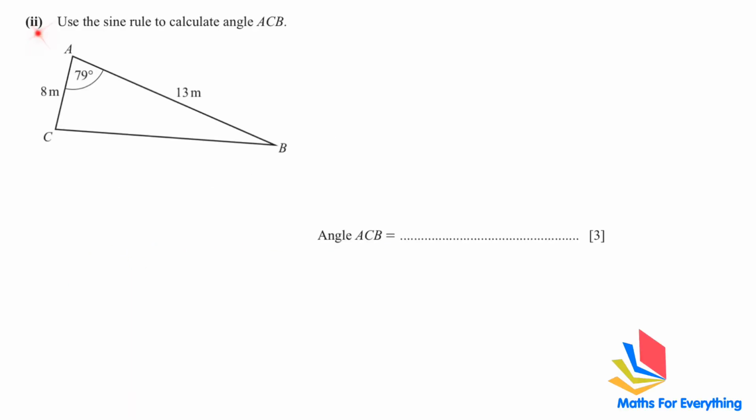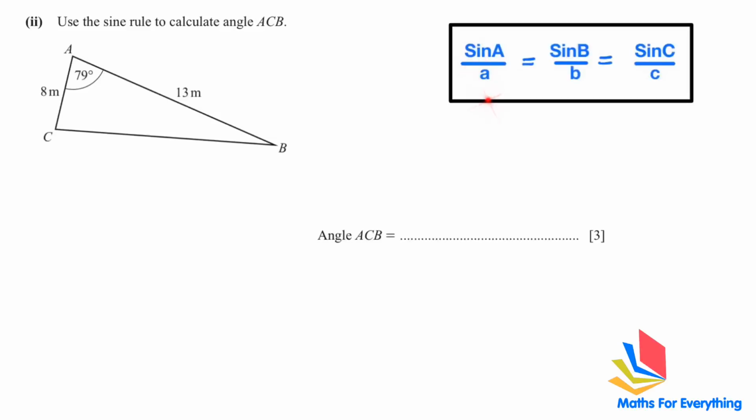Next question. Use the sine rule to calculate angle ACB. So this is the angle we are looking at, and the sine rule is sine A over a, sine B over b, sine C over c. The top is to find your angle, and the small c is the opposite side.